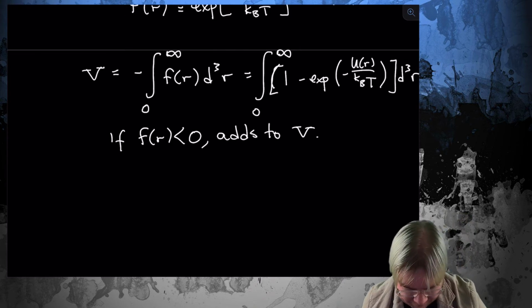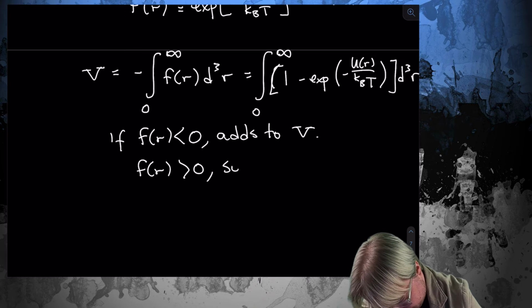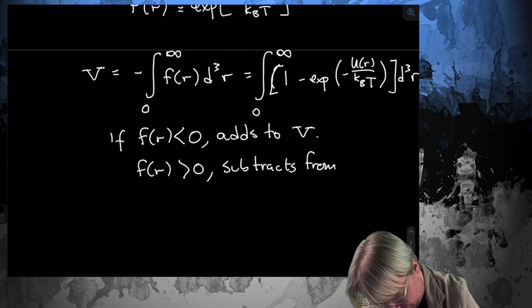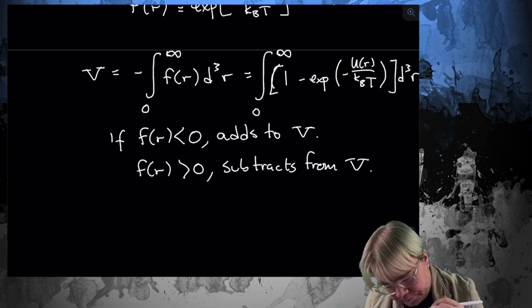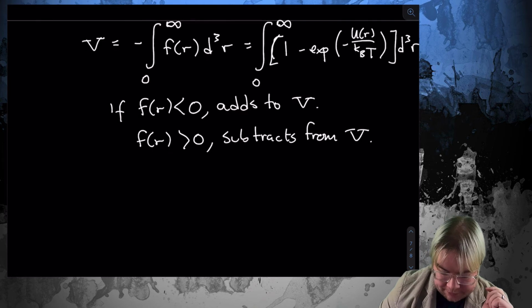And vice versa. If f of r is greater than 0, it subtracts from the excluded volume. All right? So let's try this. Let's see what we get.